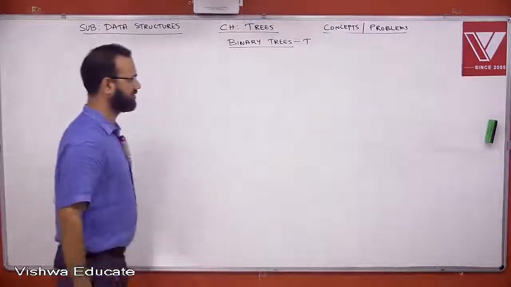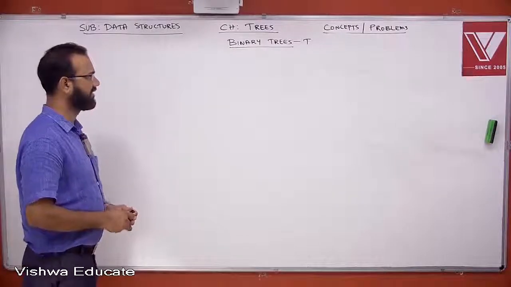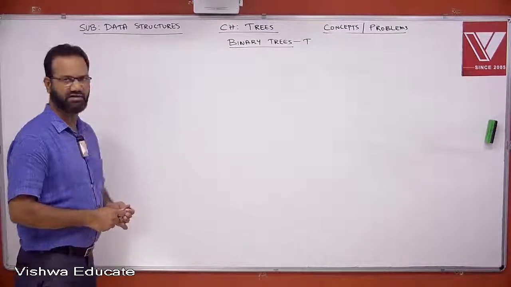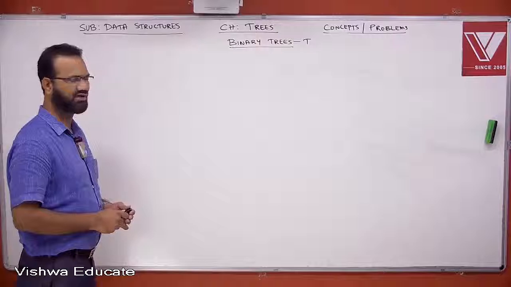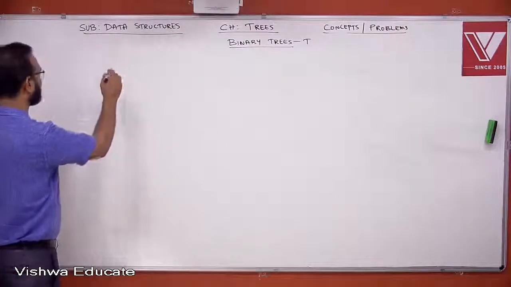I'll draw some of the tree structures over here. You identify how many among these are binary trees actually and how many are not binary trees. Let us start with the first one here.